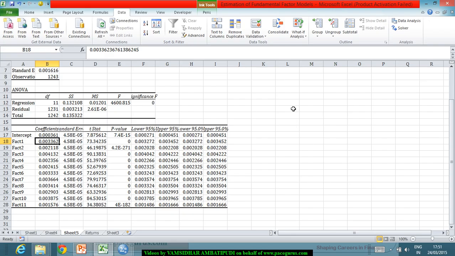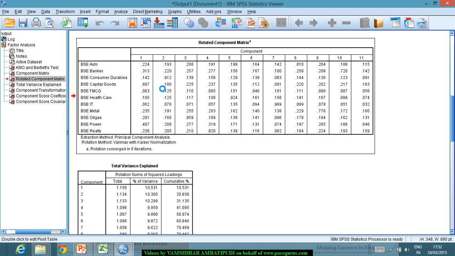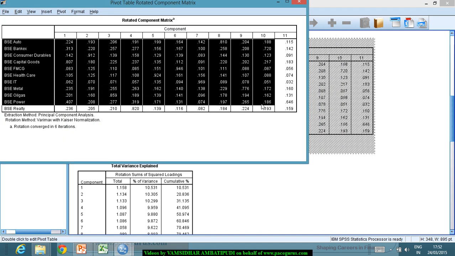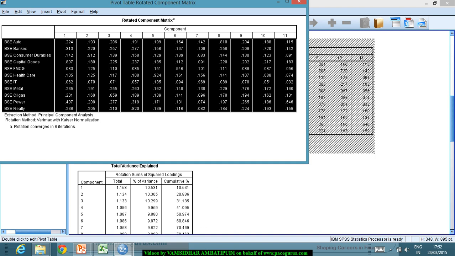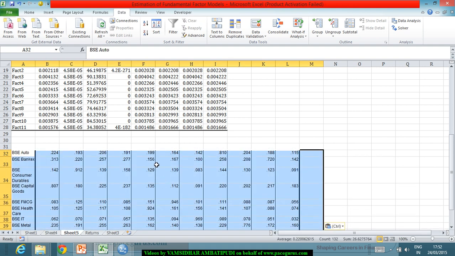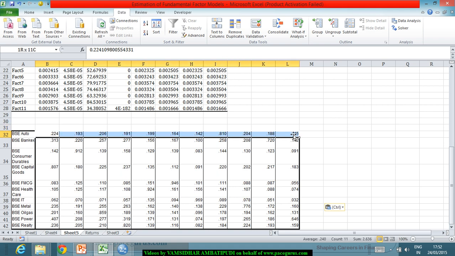When I am saying factor 1, I know the factor 1 is typically 0.224 times auto. Let me copy these components part now. If I look at these components, this is the auto part.